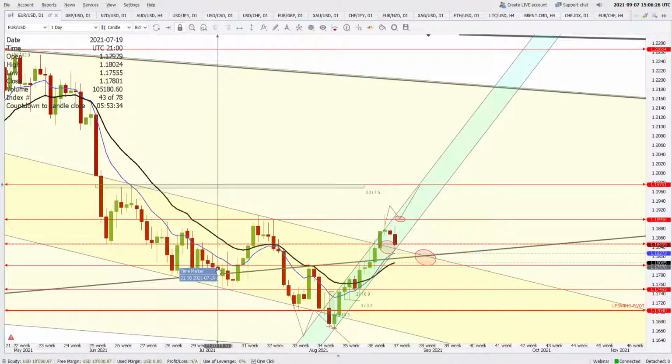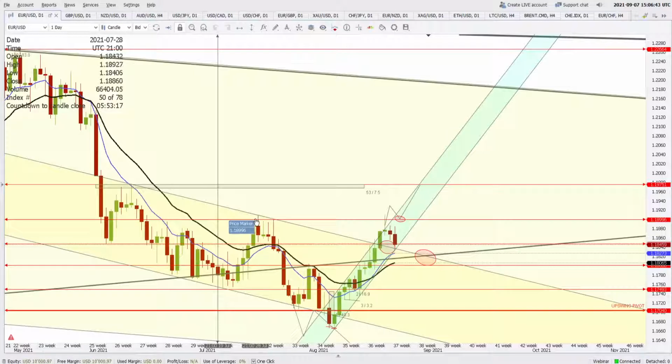From here, after this day, the price has found some support at around the low of this candle, which was around 1.1751, and after this low the price immediately got rejected at around the levels of 1.1900.